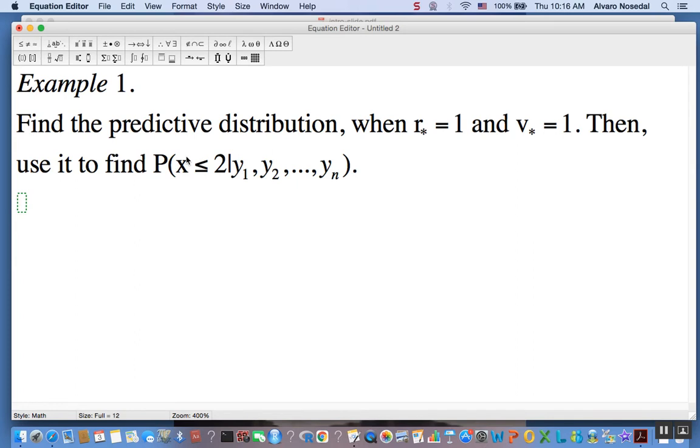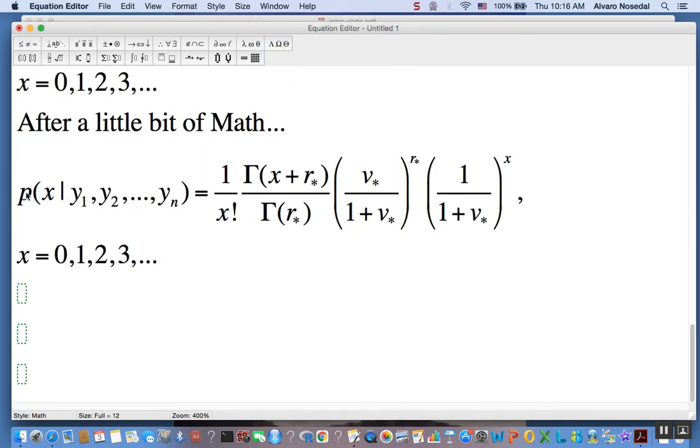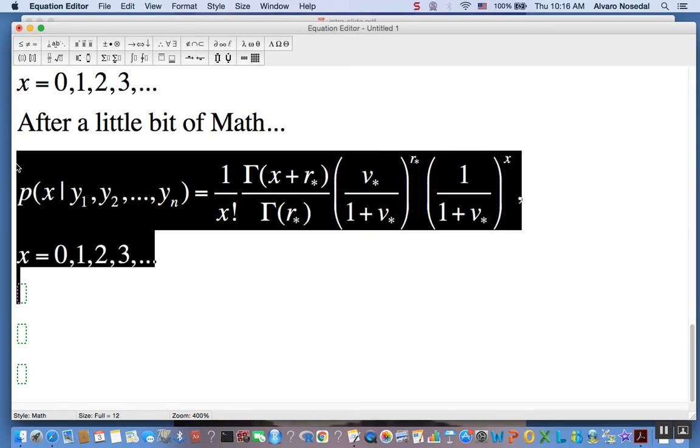So what we have to do is first remember that general expression we derived before, and just plug in the values r star and v star for this particular case. So let me copy paste our beautiful expression.